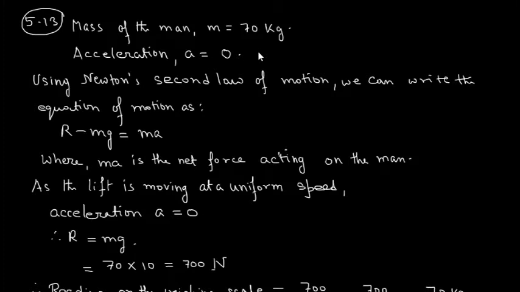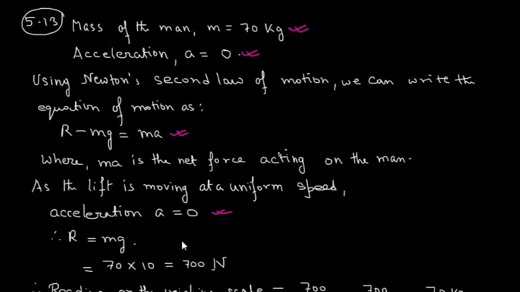So mass of the man m is equal to 70 kg. Acceleration a is equal to 0. Using Newton's second law of motion, we can write the equation of motion as R minus mg is equal to ma, where ma is the net force acting on the man as the lift is moving with a uniform speed, so acceleration is 0.